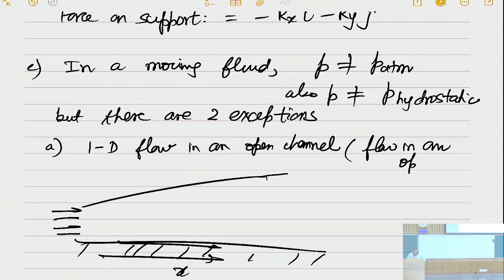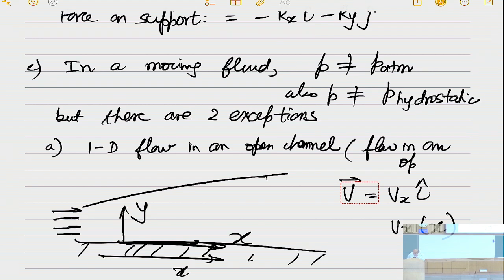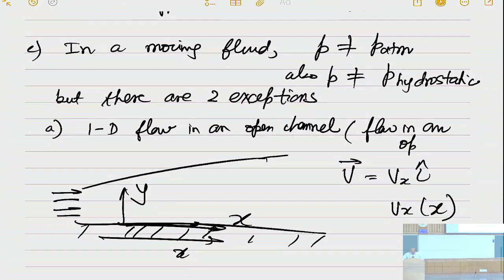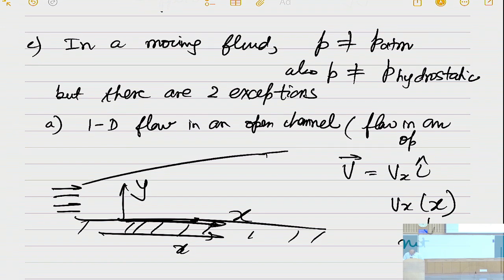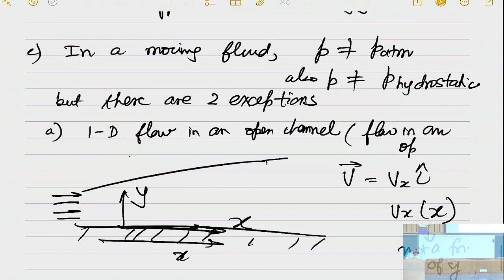This is a fixed ground, this is the X direction, this is Y. So velocity is equal to Vx i, and Vx is only a function of X, not a function of Y. And on the top, because the surface is open to the atmosphere, think of it like the flow of a river.